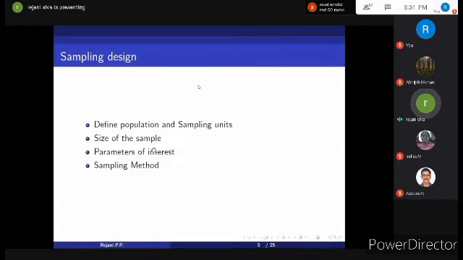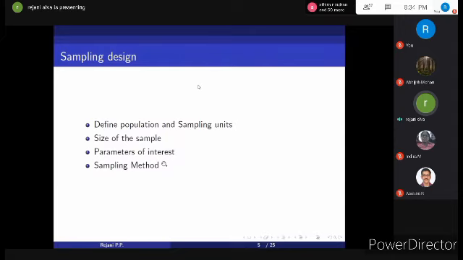Second thing is regarding size of the sample. Sample size should be adequate as possible. And one more thing, the sample size should be fixed prior to the actual data collection. And the third one, regarding the parameters of interest, which are the study variables.